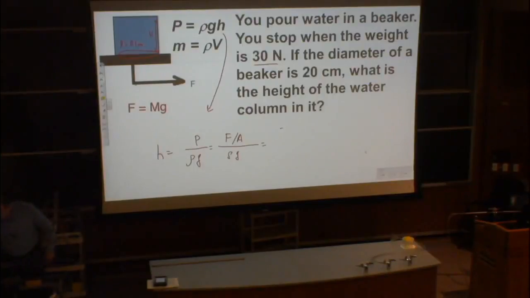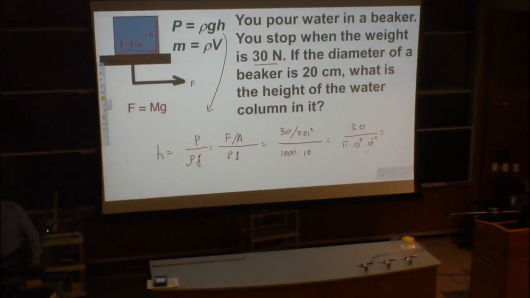So 30 newtons divided by area. Area should be equal to pi r squared. And that should be equal to the density, which is 1,000, divided by gravity, which is 10. So 30 over pi, 10 to the fourth, 10 to the negative second.